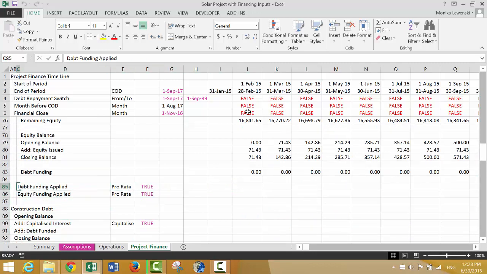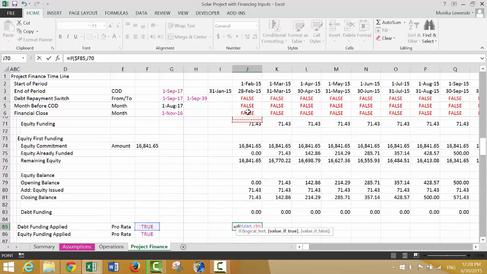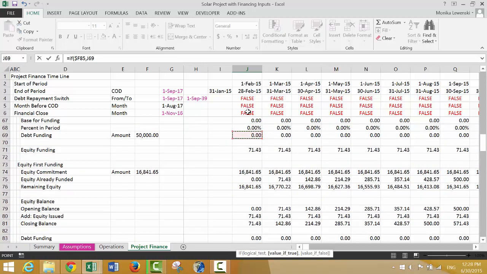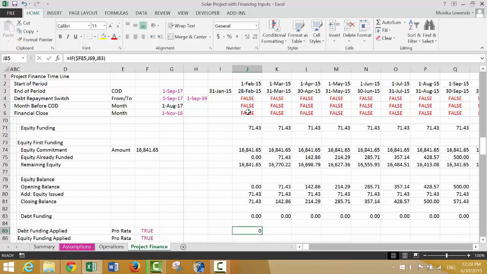So the debt funding applied, let's use an if statement. If it's pro rata, we'll take the debt funding here, otherwise we'll take the debt funding here.